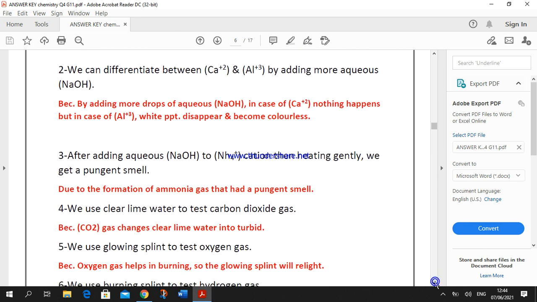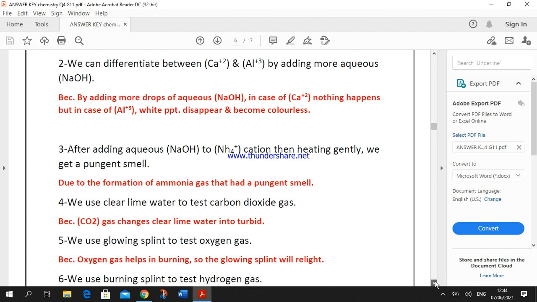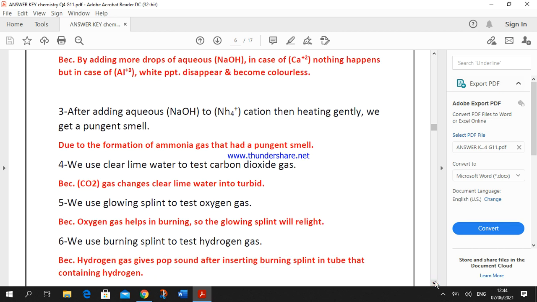We can differentiate between the calcium cation and the aluminium cation by adding more aqueous sodium hydroxide. Both form a white precipitate with sodium hydroxide, and to differentiate between them we add more drops. In the case of calcium, nothing happens to the precipitate, but in the case of aluminium, the precipitate disappears and becomes colorless.